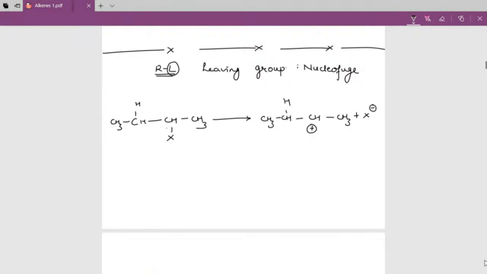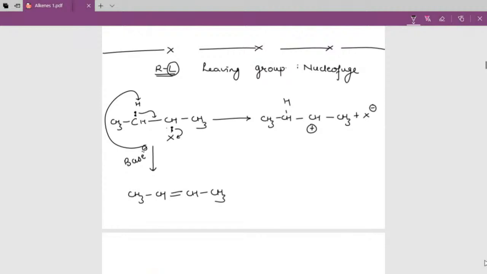Solvent decides how this will break, at what rate it will break, whether it will break or not. Other thing, it does not dissociate like this, and some base starts attracting, say, this beta H, and there is no formation of intermediate, a single step to alkene or dehydrohalogenation is done.